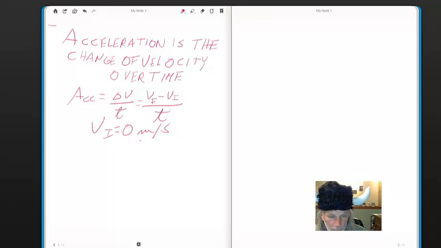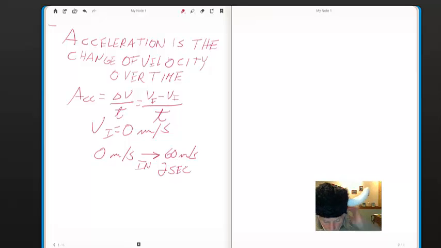So let's look at a problem. Let's say we got some Ferrari or some kind of car, and we're going from 0 meters per second to 60 meters per second, and it takes about 2 seconds. So let's look at how we would do that.